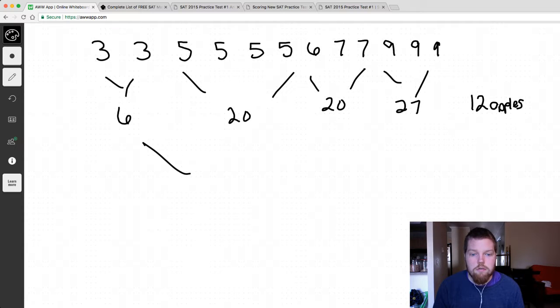So this is 46, and 46 and 27 is going to be 73. 6, 20, 14 and 6 is 20, 9 times 3 is 27.